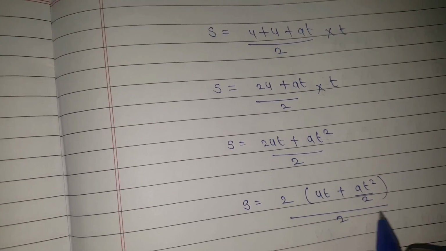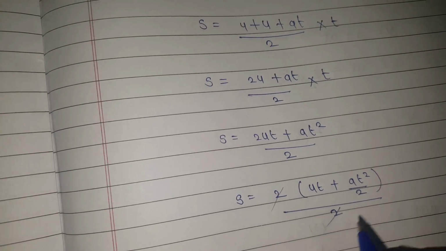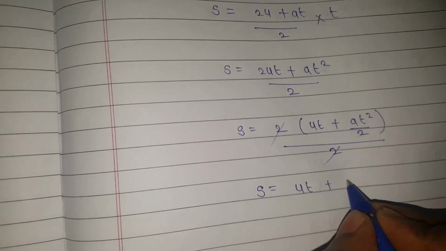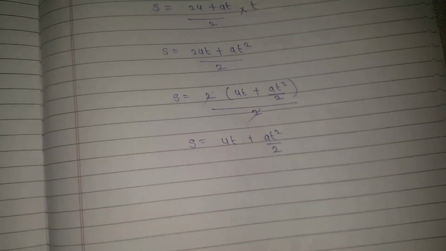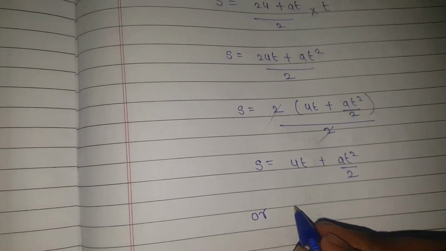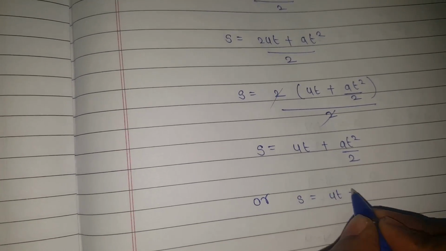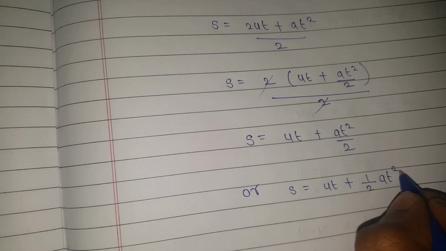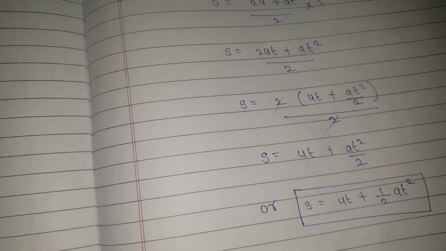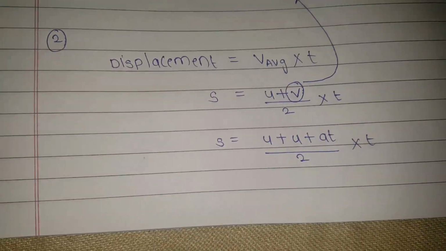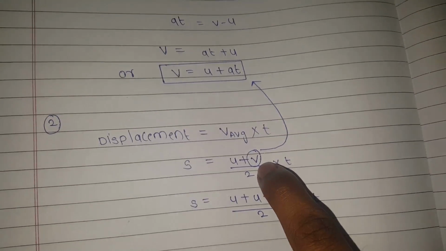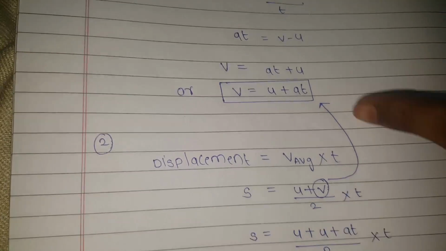One can write this as s equals ut plus half at square. So this is our second equation of motion. We started the second equation of motion with displacement and replaced the v with v in the first equation.